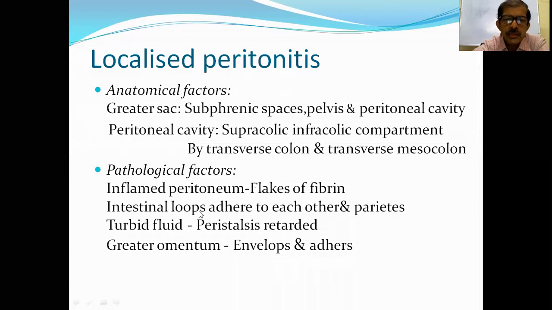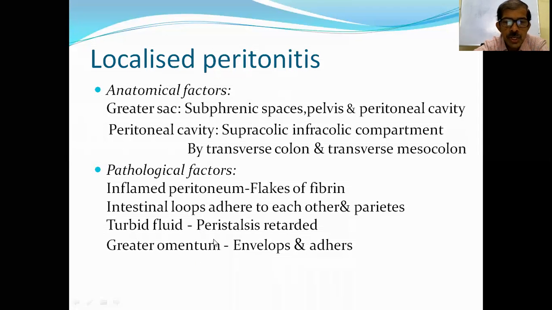Then another thing that aids in localization is the intestinal loops themselves will get adhered to one another and also to the peritoneum, thereby limiting the flow of the pus or exudate. The thickness of the fluid also, if it is more turbid, it will not flow easily, and it will also retard the peristalsis. So the disease is localized.